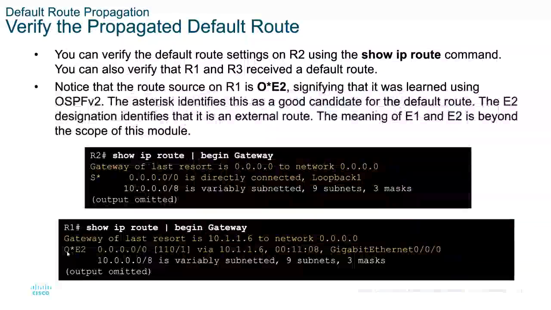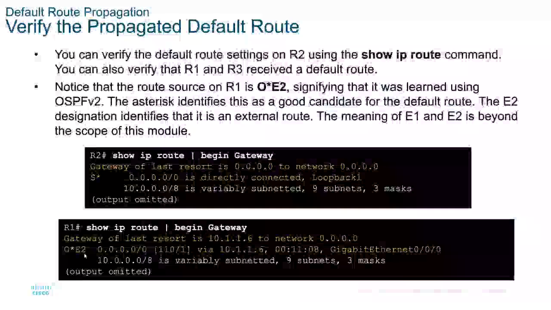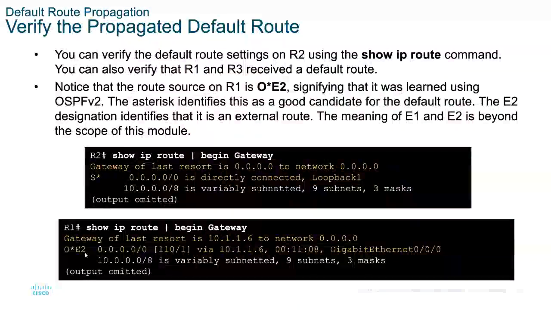And in OSPF, anything that is injected is an external route. So as this is being injected into the routing updates from an external source, it becomes an E2, which just means it's learnt as an injected source.